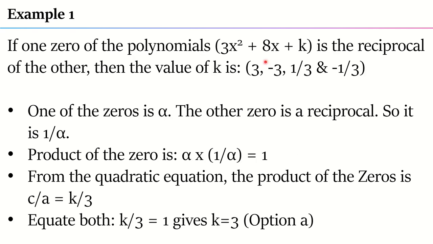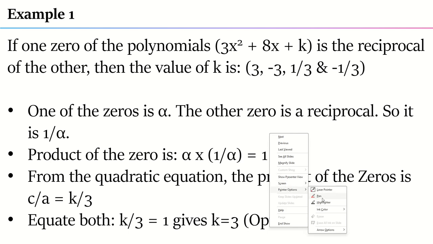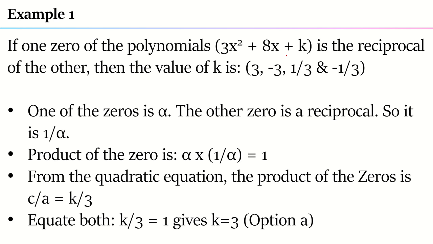For the first example, we'll go back to the example we saw first. You mention that one of the zeros is alpha and the other zero is its reciprocal 1 by alpha, and the product of the zeros is alpha into 1 by alpha is equal to 1. Now you need to find the product of the zeros from the quadratic equation. From the quadratic equation, the product of the zeros is c by a, where c is k and a is 3, so it is k by 3.